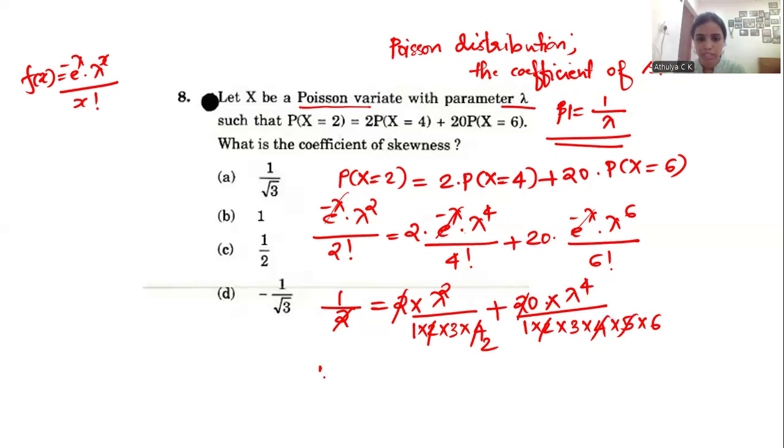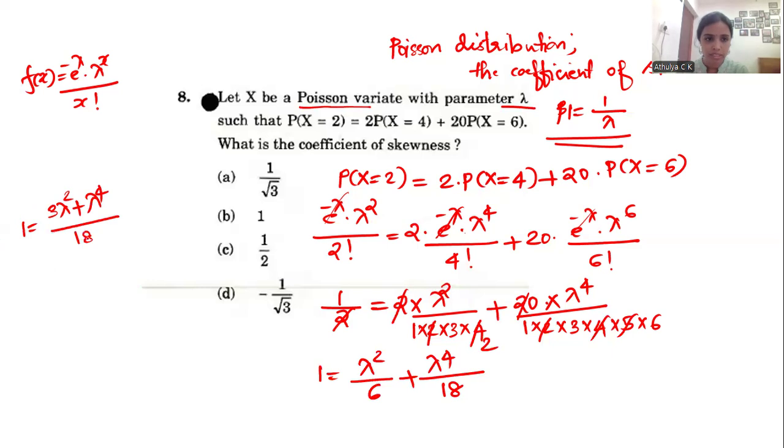So what is remaining? 1 is equal to lambda square by 3 into 2, 6, plus lambda raised to 4 divided by 18, right? 3 into 6, 18. So we can write it as 1 is equal to 3 lambda square plus lambda raised to 4 divided by 18.